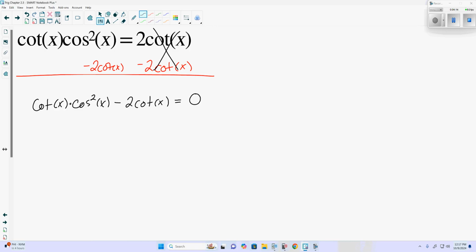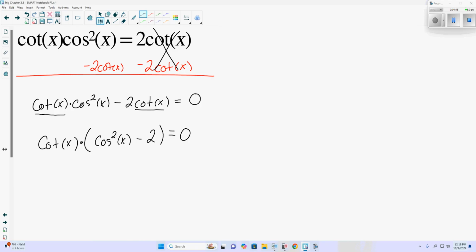So what can we do? We can factor it out. We can factor cotangent of x out of both terms. And if we factor it out of the first, all we're left with is cosine squared of x minus, when we factor the cotangent out, all we're left with is the 2. Now, part of the reason that this is nice and this is helpful is if I factor it out, we now have what?